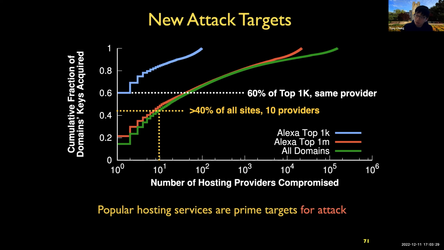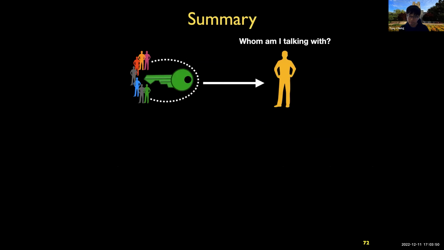Which means that back in the early 2000s, the attack vector was mainly the CAs. But now we are using cloud services every day, so the popular hosting services are the prime target for attacks. So here's a quick summary.